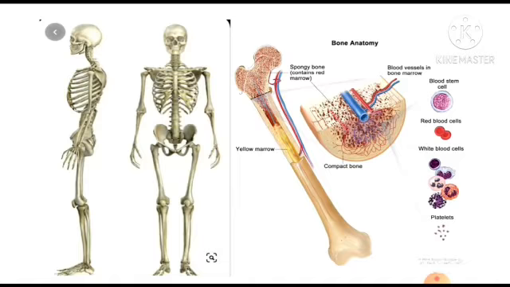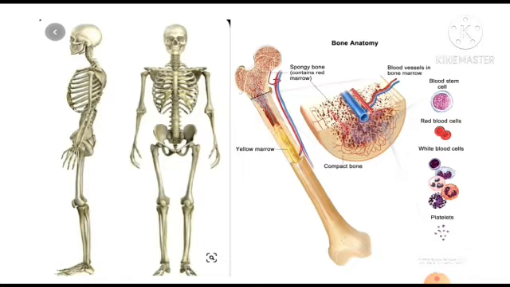The lungs and heart are very soft in nature, so they are located inside the rib cage. This is how our rib cage protects the lungs as well as the heart. In that way, bones have a role in protecting the important internal organs.